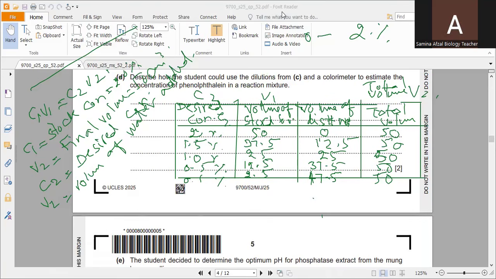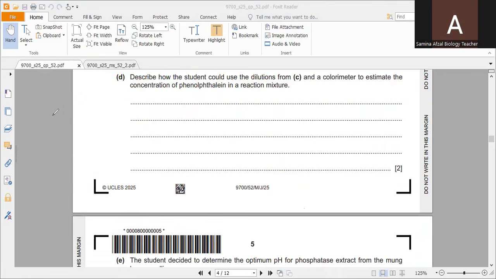Now the next question is, describe how the student could choose the dilutions from C and a colorimeter to estimate the concentration of phenolphthalein in a reaction mixture? Okay, actually this is a common laboratory technique, which is a calibration curve.